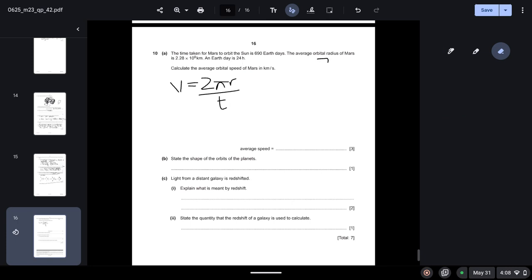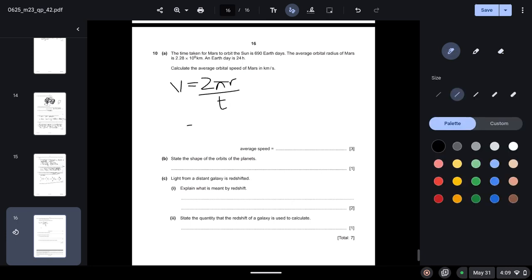So plugging this information into the equation, we will have 2π times the radius, which is 2.28 × 10^8, over the time taken. Be careful, we will have to convert the time into seconds because the SI unit of time is seconds. 1 hour has 3600 seconds. So 24 × 3600. When you put this in the calculator, you will get the answer as 24 kilometers per second.